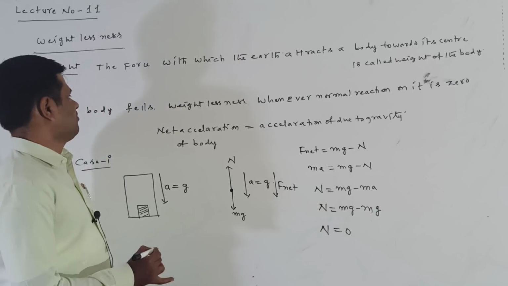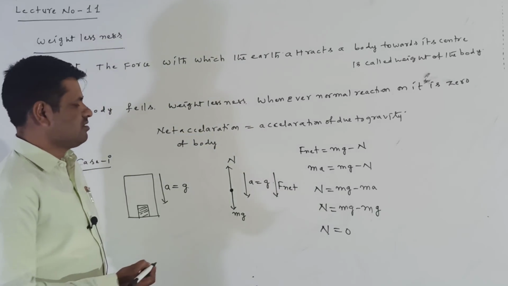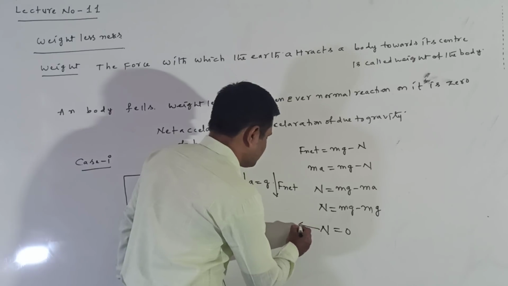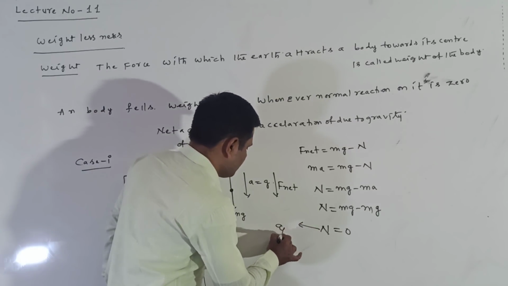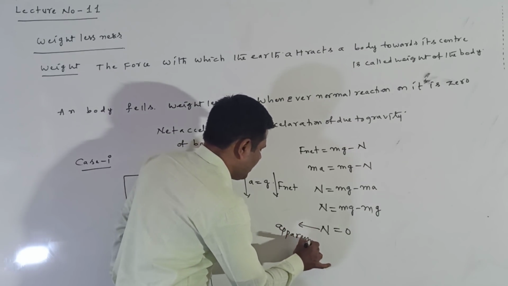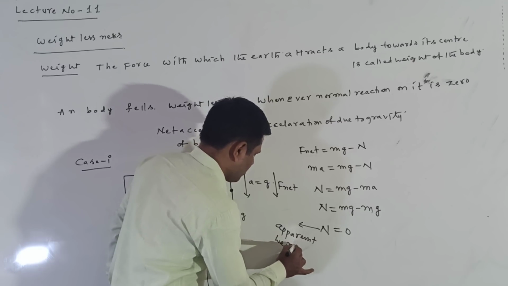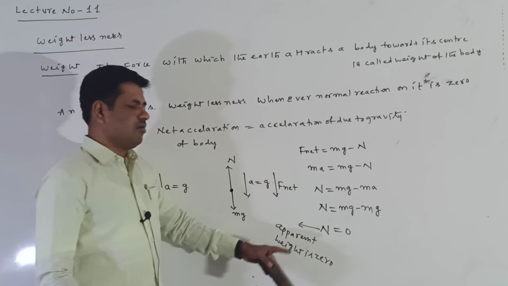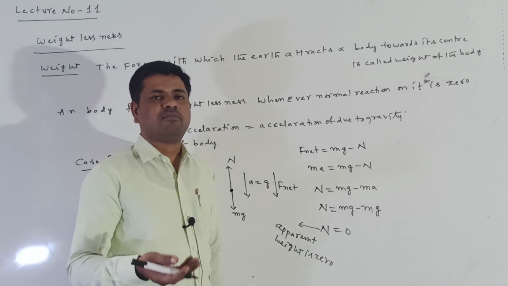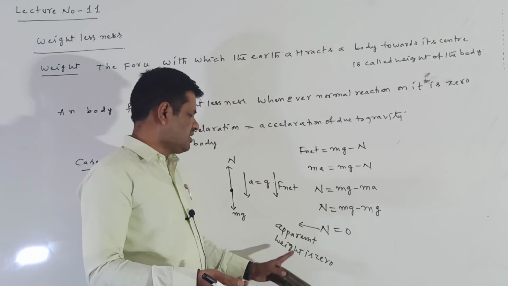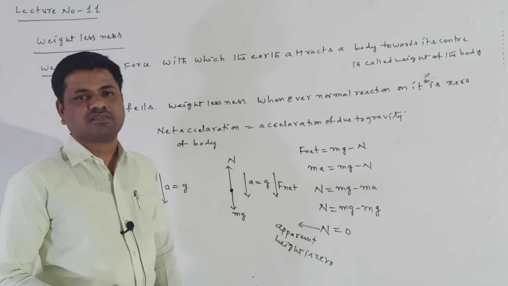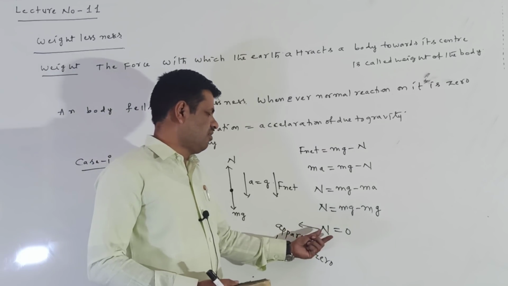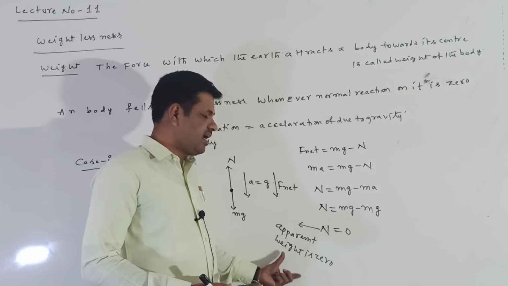Normal reaction is 0. This normal reaction is also given another name, apparent weight. So apparent weight is 0.